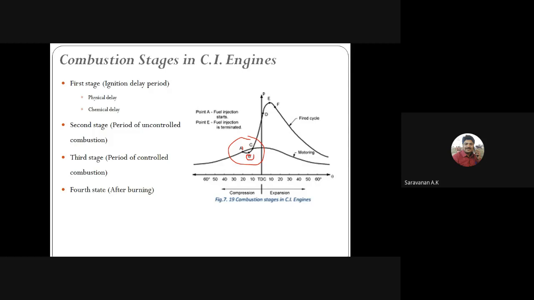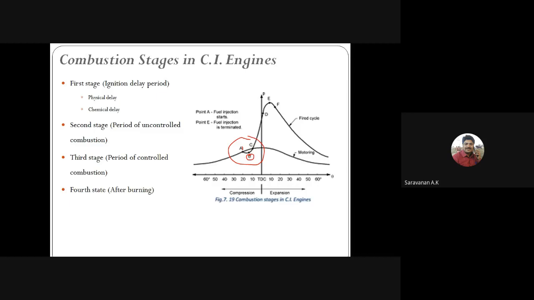That point will be denoted as B. Once the physical delay is over, the fuel will get the self ignition temperature. After that, the auto ignition takes place, and once the auto ignition takes place, the flame has to appear.